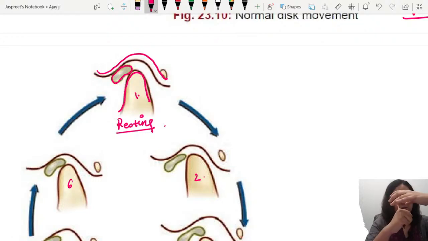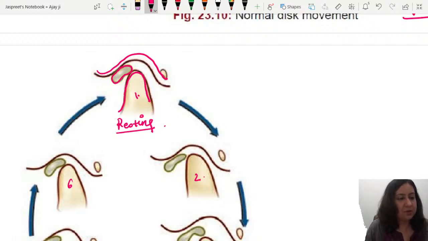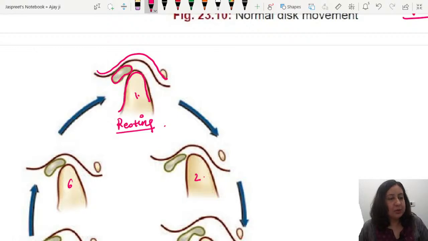Otherwise, in the previous diagram we had seen that this is not how it is. Alright, it is supposed to be in synchronization with the condyle. Okay, just remember it in very simple terms. So now, understand the definition of internal derangement from this diagram also. There exists an abnormal relationship between the disc, condyle, glenoid fossa and your other structures of TMJ, right?